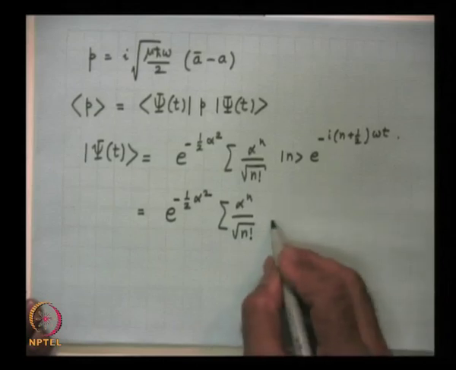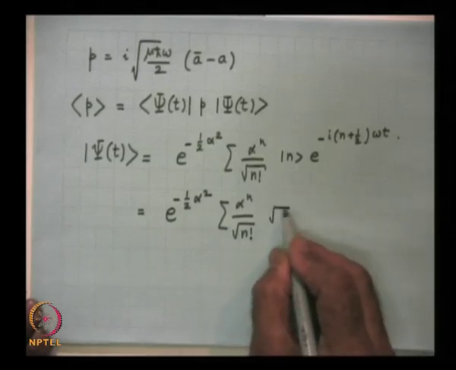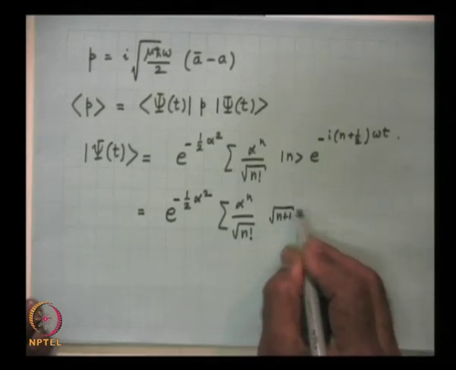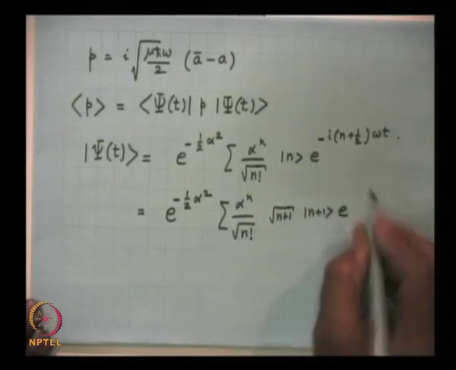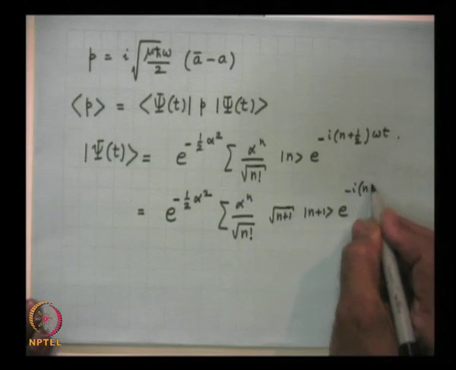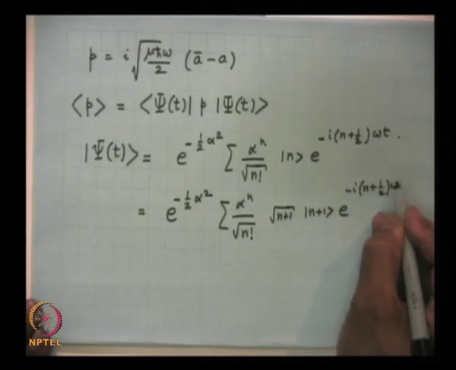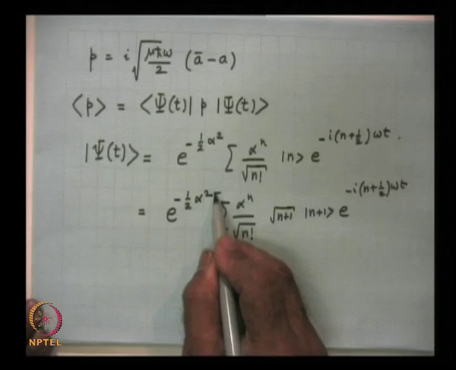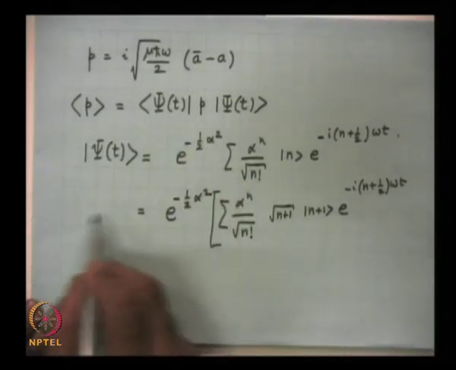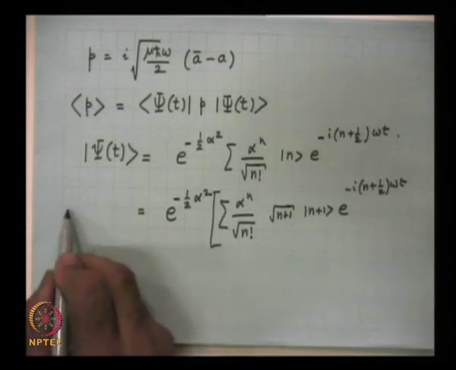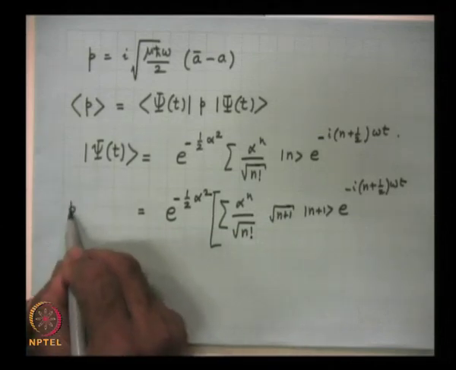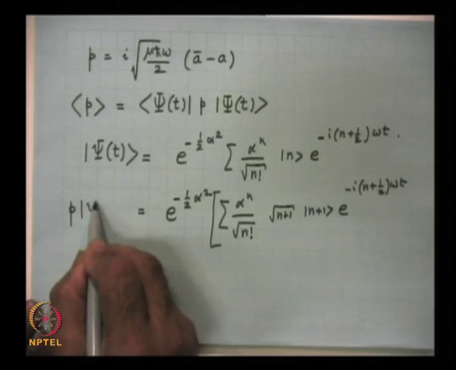A bar ket n will be square root of n plus 1 ket n plus 1, e to the power of minus I n plus half omega t, and there will be another term, because this will be p operating on psi t.